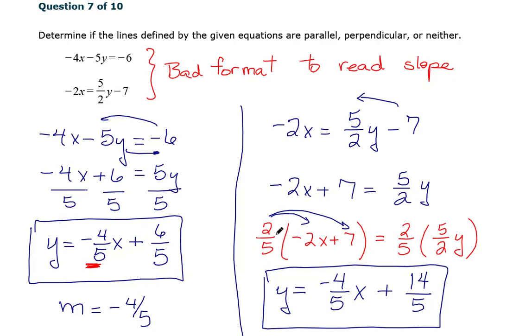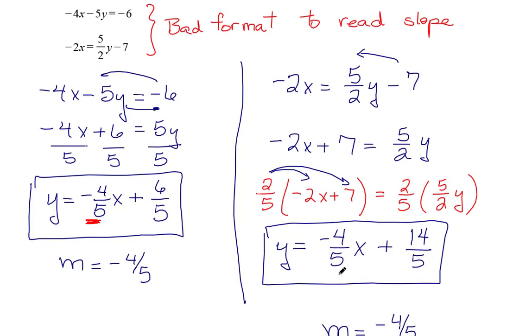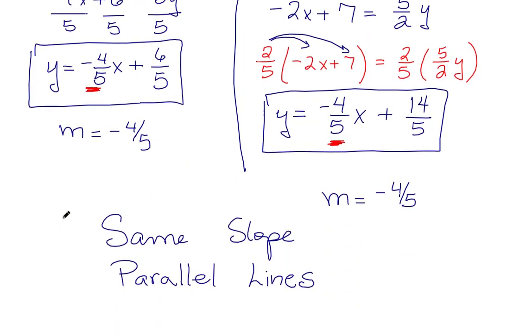So if I do that, that's 2/5 times a -2x, which is a -4/5 x, and I would get a 14/5. So looking at my second line now, I can see it has a slope of -4/5. And that's the same as the other one. So these two lines are parallel.